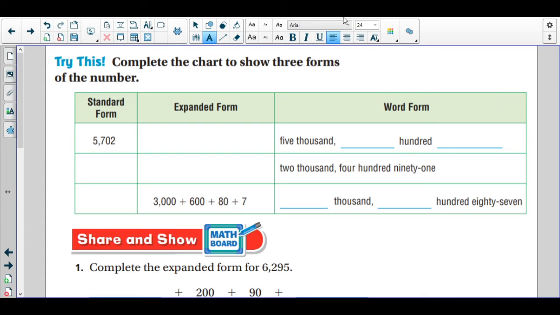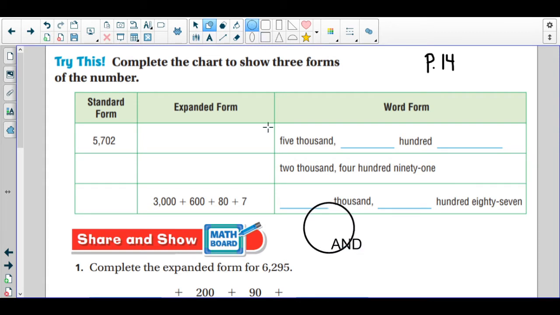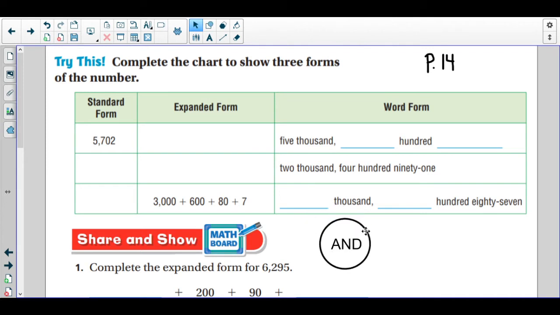And at the top of page 14, we see another chart. We're going to work through this, hopefully helping you to understand this. All right. So standard form, 5,702. And I want to make sure that we understand something right off the bat, and that is that the word and, we don't want to use this word just whenever we feel like it, all right?